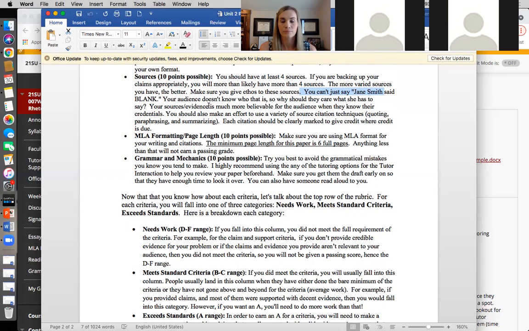Obviously if the congressperson is not someone who would agree with the slant of the source that you found, it should be a good source, so you probably won't run into too many super slanted political sources, but you should be thinking about how your audience is going to view your sources as well.